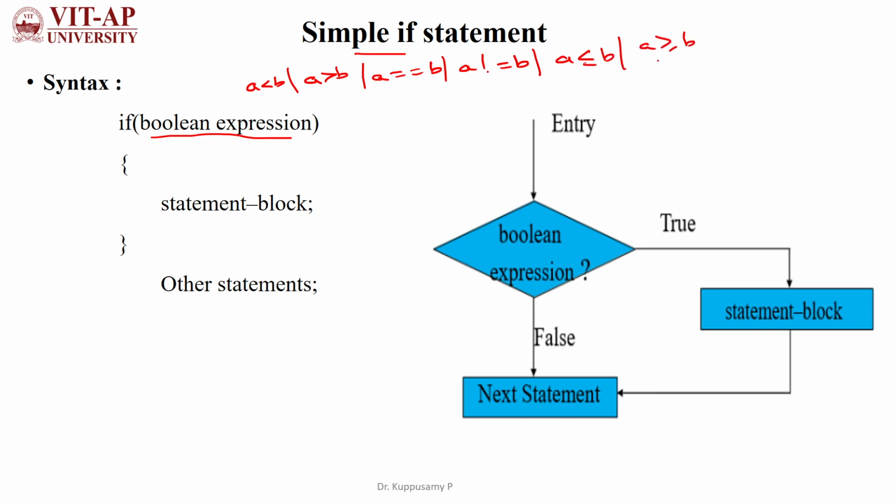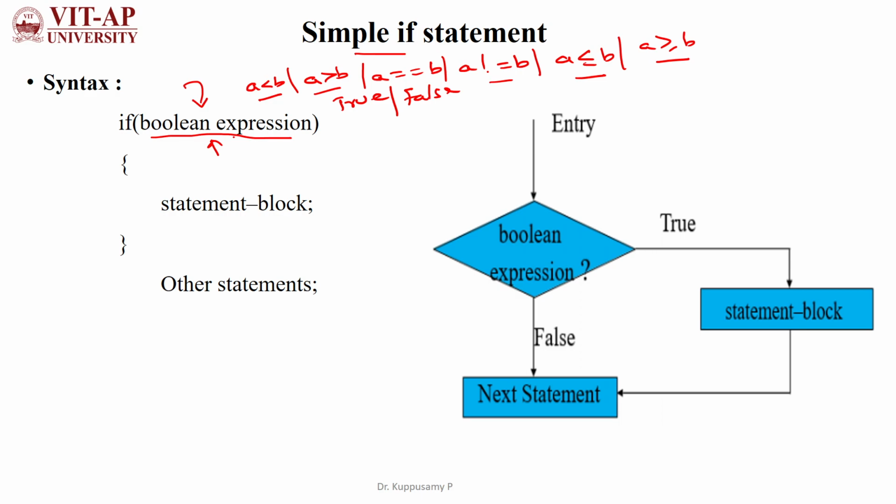These operations can be used inside the if condition, in the boolean expression. This gives you the result as true or false. So this is a boolean value, and that's why we say boolean expression.